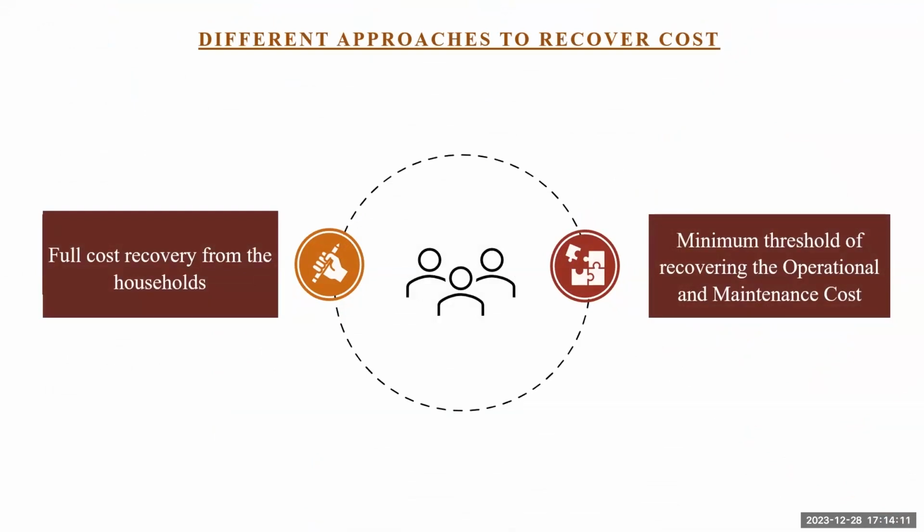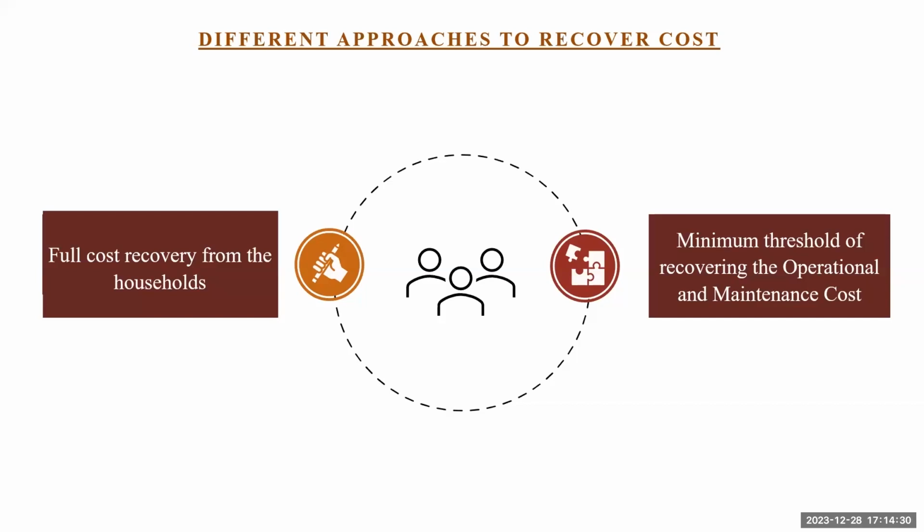So the approaches used to recover costs: one is of course full cost recovery, that is both fixed and variable cost, or operational expenditure, or at least the minimum threshold of recovering the operational and maintenance cost.